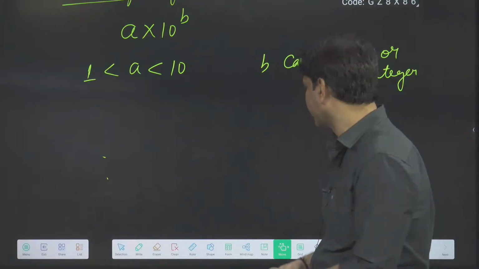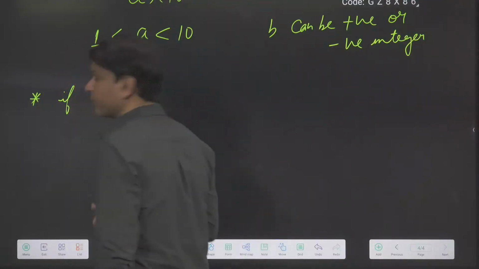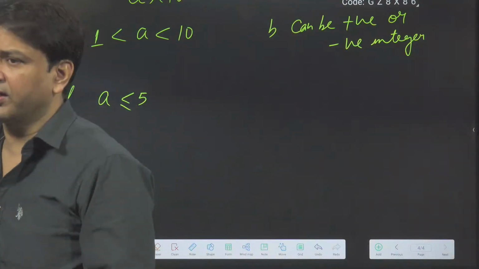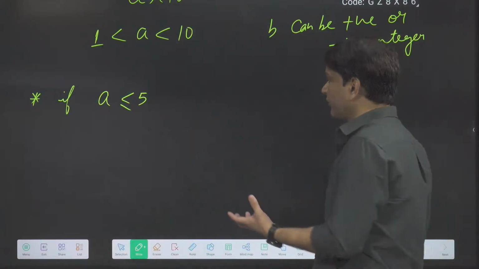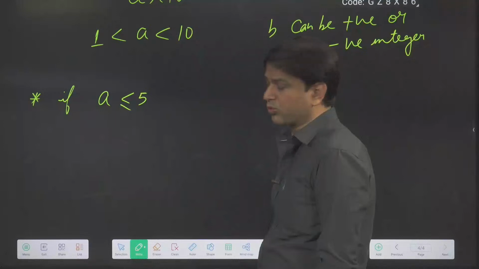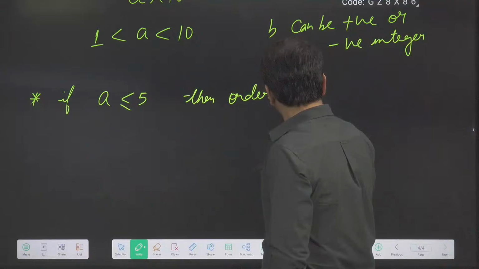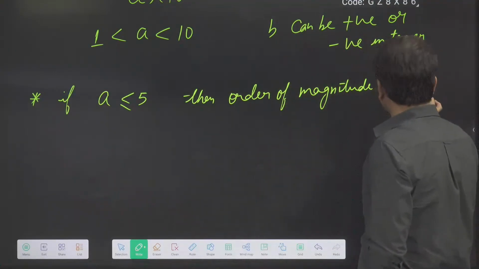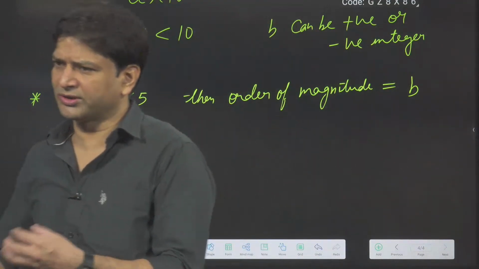If any quantity is given in this notation and they ask for the order of magnitude, what we do is: if A is less than or equal to 5, then the order of magnitude is directly the power. Whatever the B value, you take it as it is. In NCERT they use B in both cases.